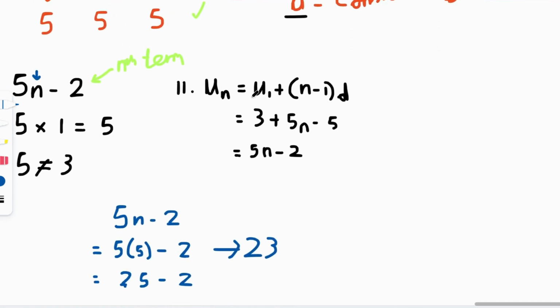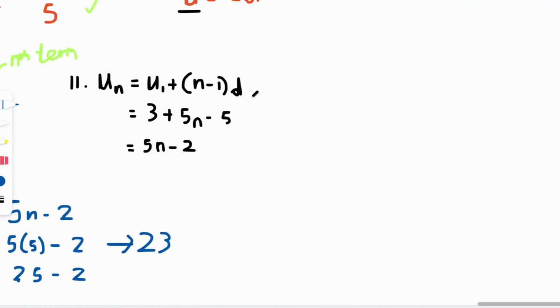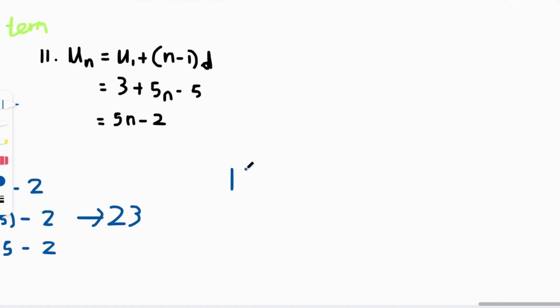Extrapolating now is saying, okay, I'm not gonna add 5 until I reach a certain number. With the general rule, you can find the 100th term, for example, any number. All you do is substitute in 100 in this case for n.